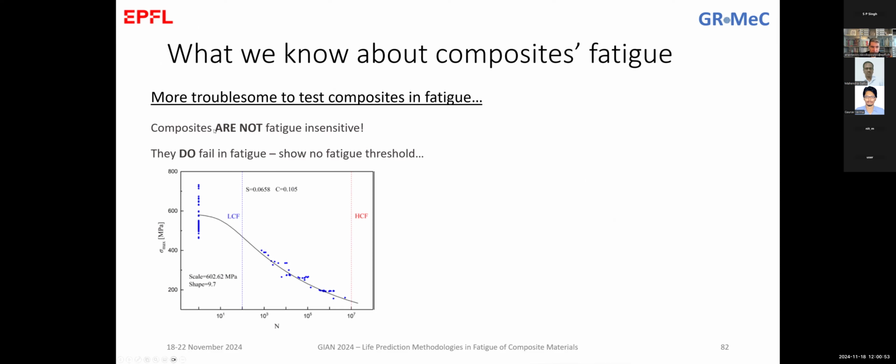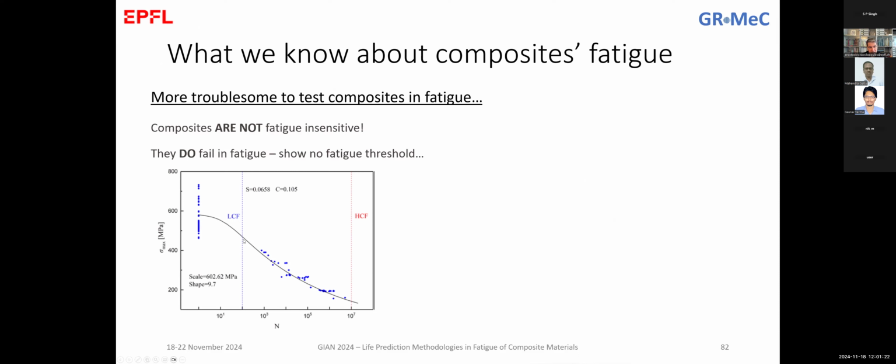And we know now that composites are not fatigue insensitive. What was introduced in the 1970s, we know is no longer valid. Composites fail, and they fail in a kind of controlled way. We can fit this behavior by using similar equations. Between the two lines, we have a power curve.